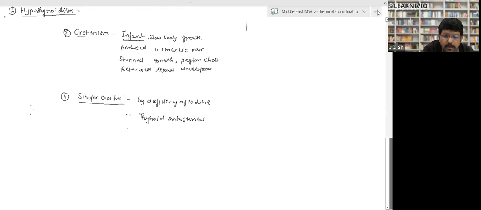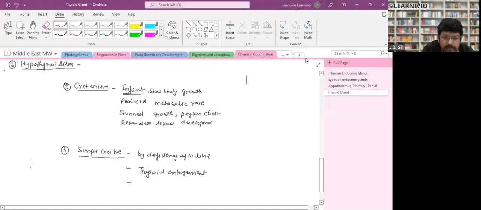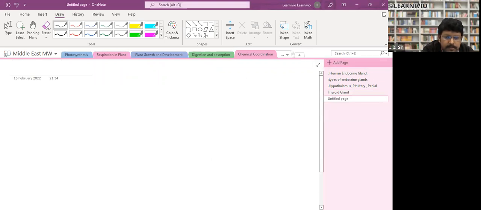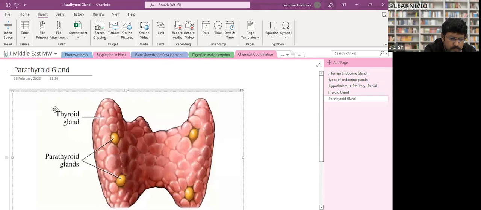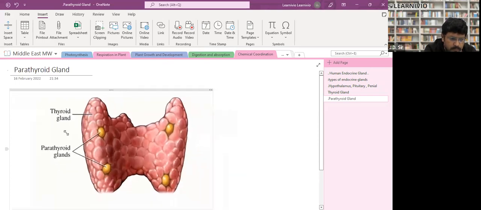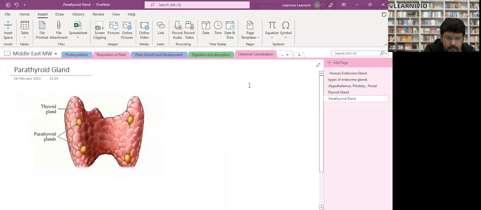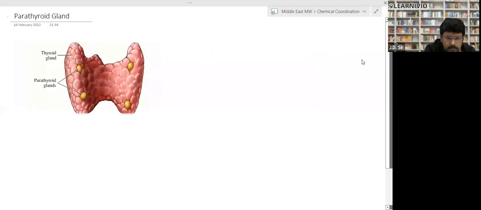Thyroid and parathyroid glands are found nearby; they remain connected. Start writing down parathyroid gland.